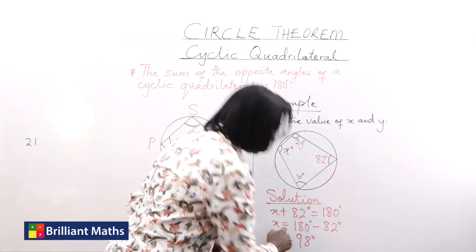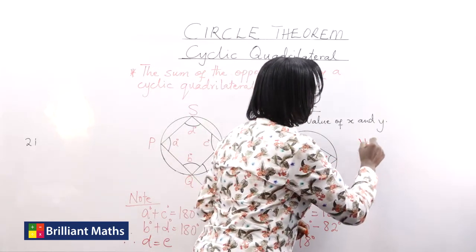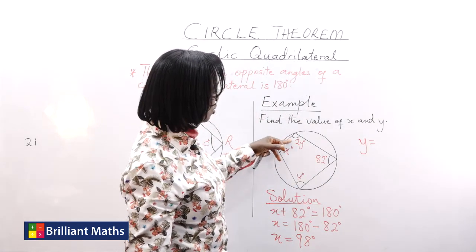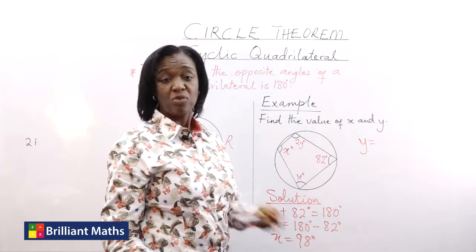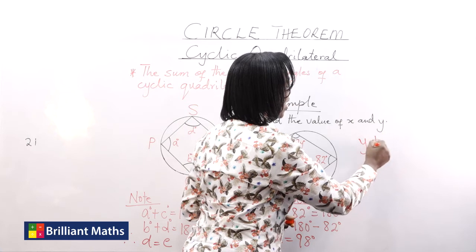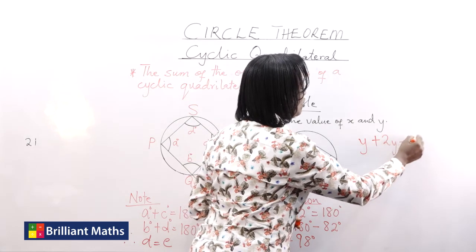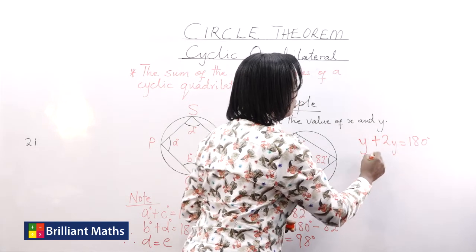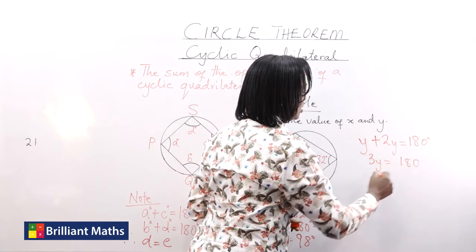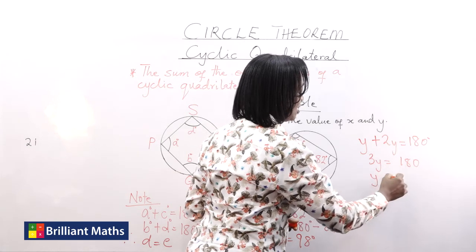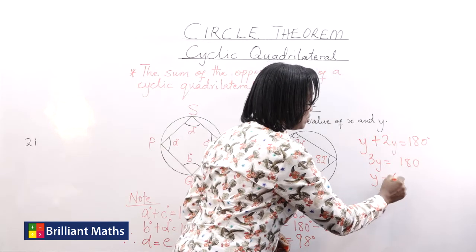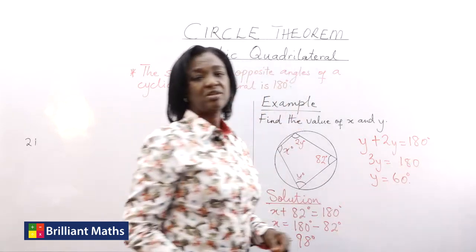We have found x. So y is equal to, we know that 2y plus y will give us 180 degrees. So we start off with that. y plus 2y is equal to 180 degrees. So 3y is 180 degrees. So y is 180 degrees divided by 3, which is 60 degrees.